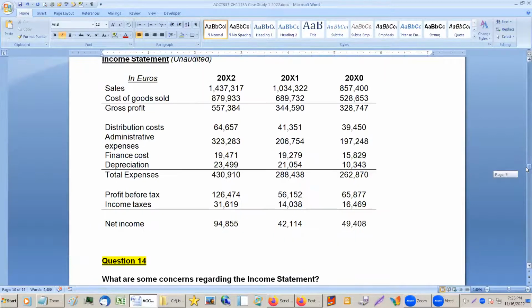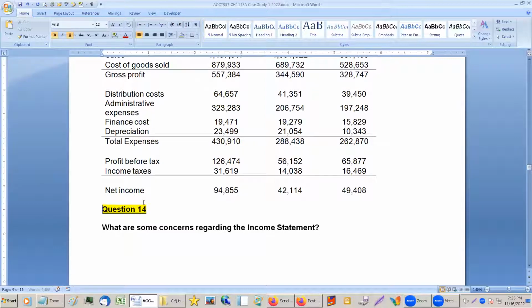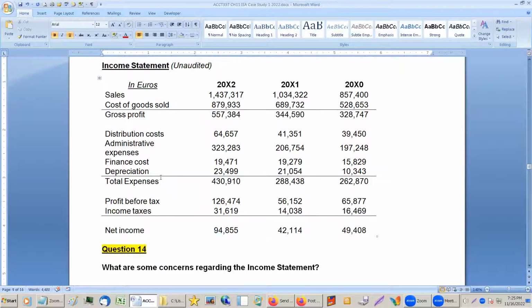One of the things you do as an auditor is you look at the financial statements and go over them and see what things look like they are things you need to look at. What looks unusual about these financial statements? So let's just go ahead and take the income statement.